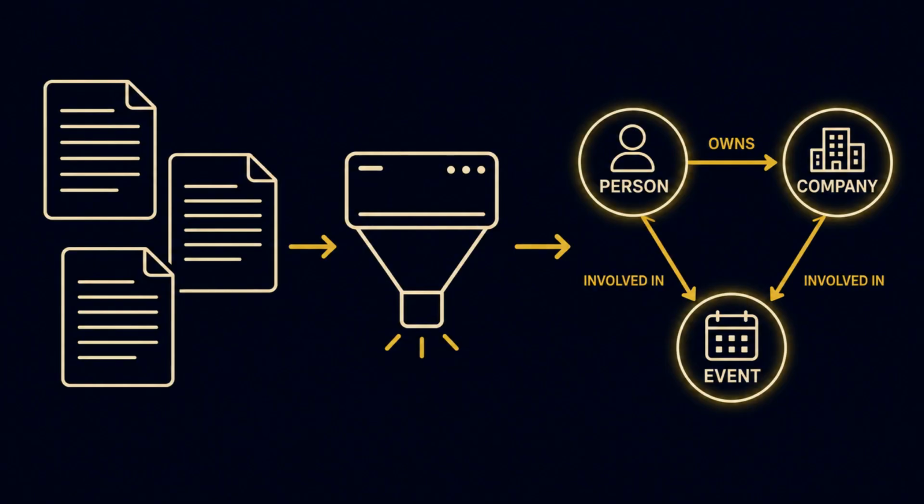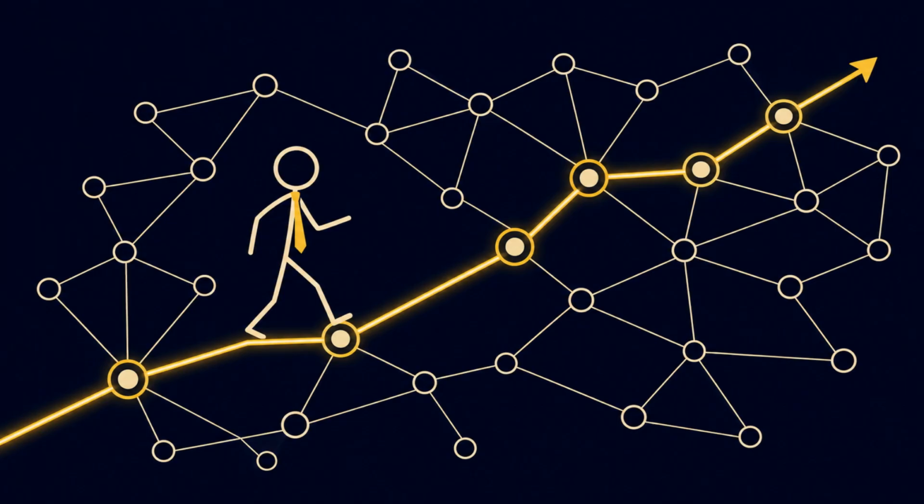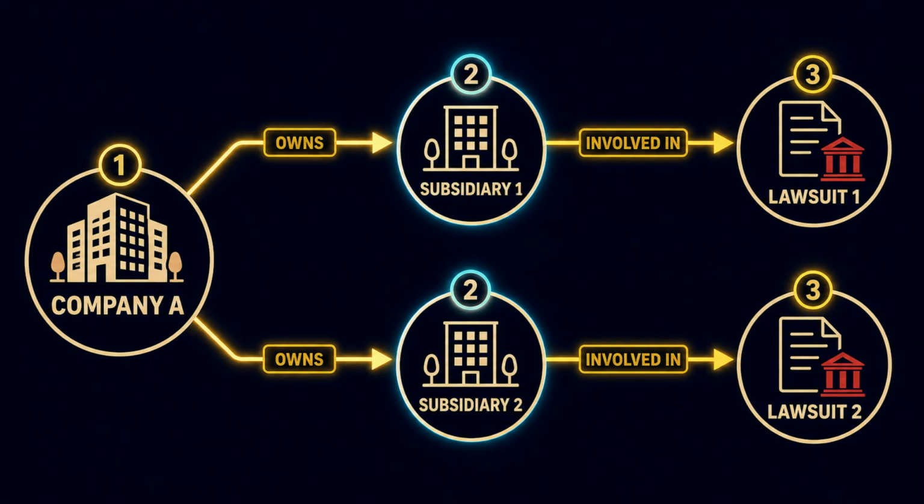GraphRAG fixes this by first extracting entities, people, companies, events, and the actual relationships between them, building a real knowledge graph, like a family tree but made of facts instead of family members. When a question needs multiple connected entities, the system walks the graph directly from company A along its owns edges to each subsidiary, then along involved-in edges to each lawsuit.